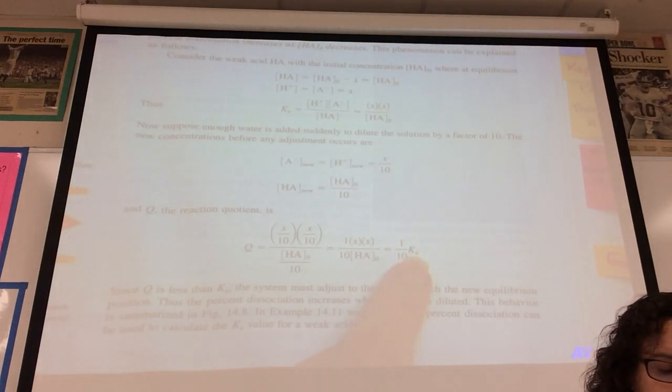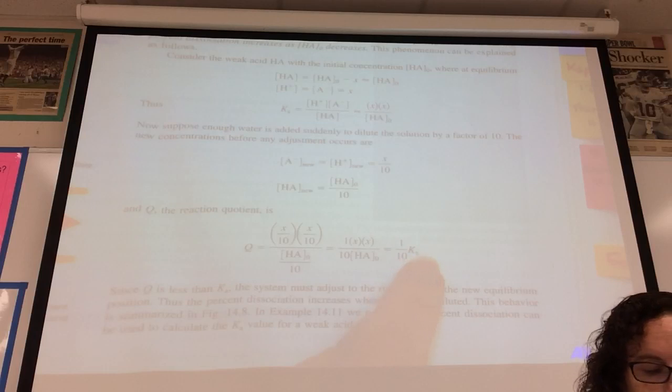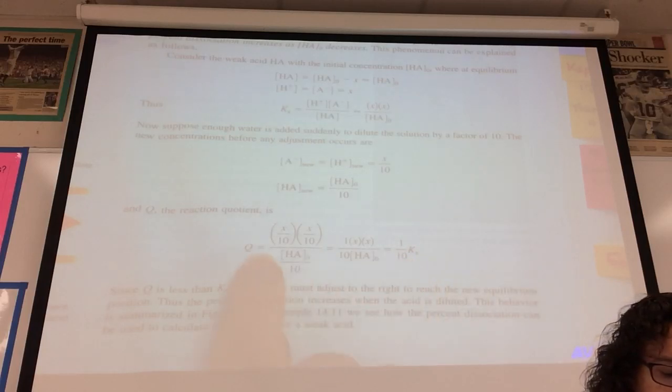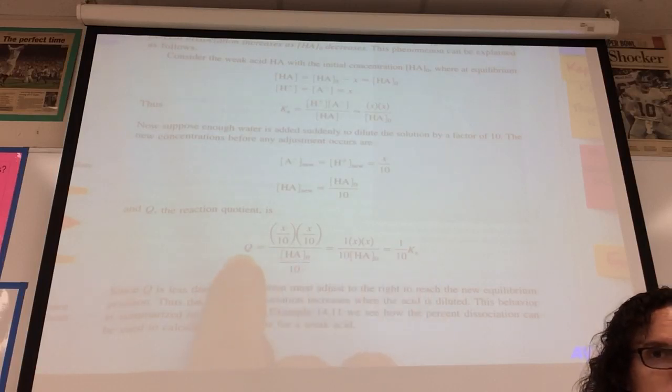So if Ka is 1, what would Q be? 0.1. So what would be smaller? Q. We said if Ka is 1, Q is 0.1. So Q is less than Ka. If Q is less than Ka, is the forward or reverse reaction favored?